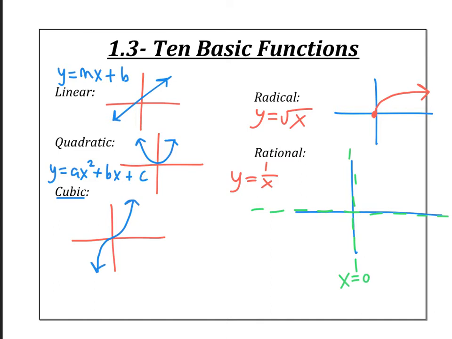That may shift around, or some of them have no horizontal asymptote, as we saw. But the graph of this one, if we remember, just fills in quadrants 1 and 3, and things can be flipped around and shifted and stretched, all those transformations. But this is the basic shape, basic format, and the basic properties.